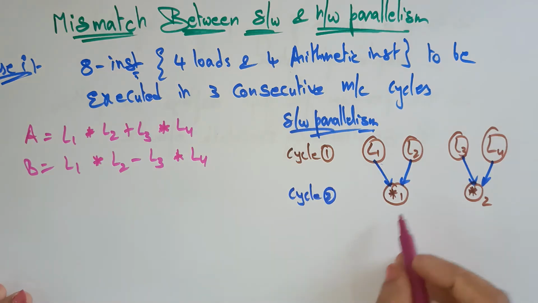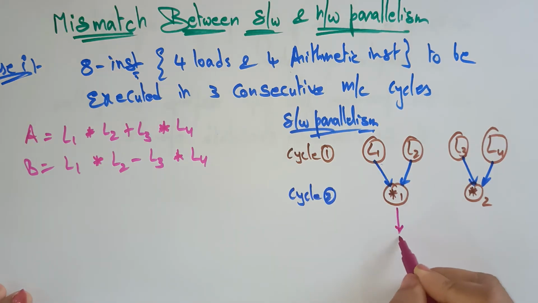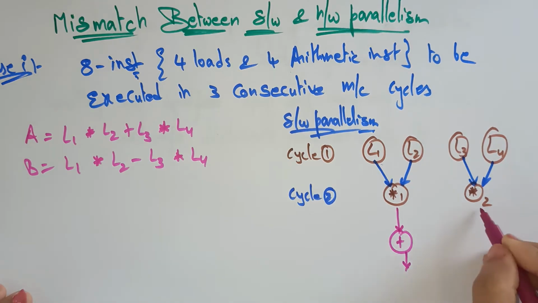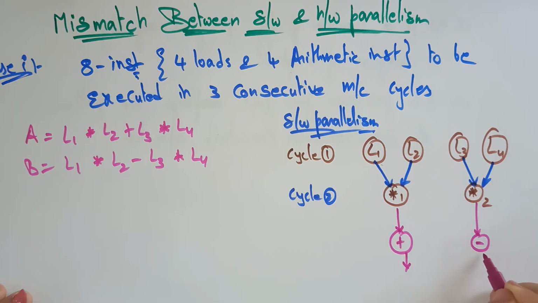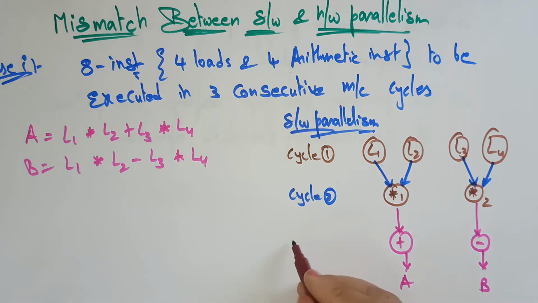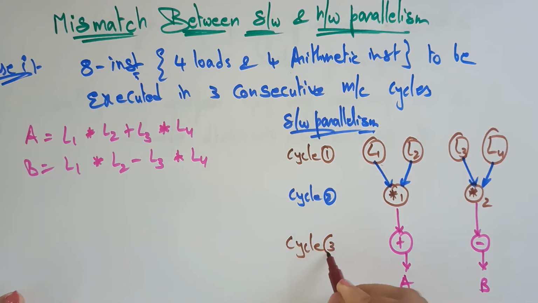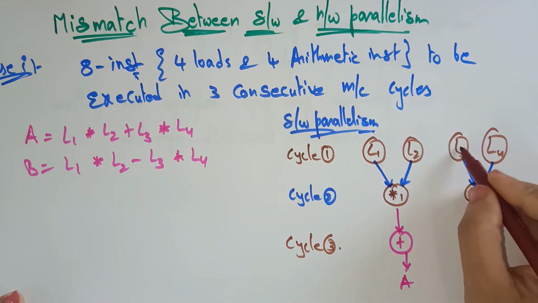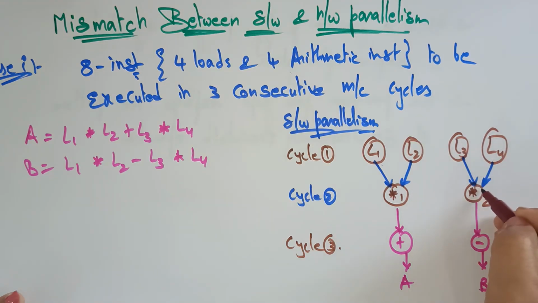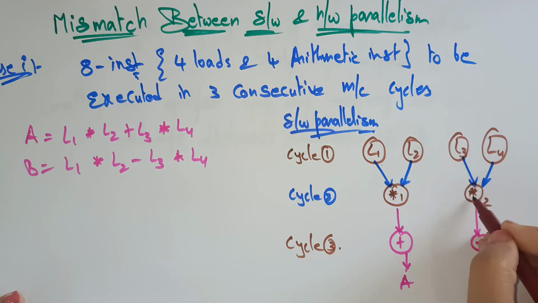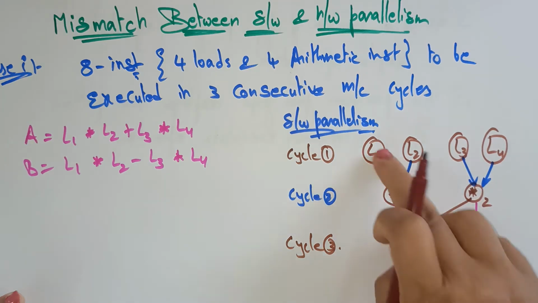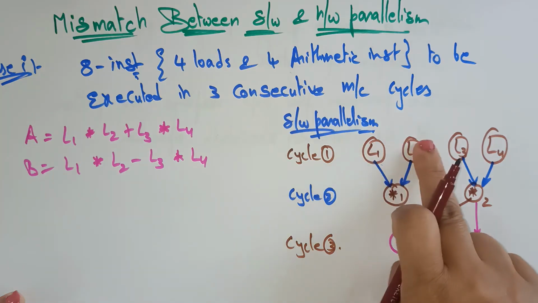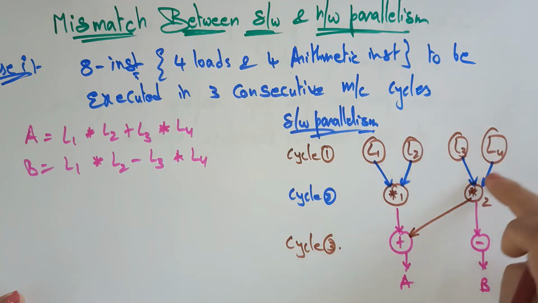In the next cycle, it performs addition and subtraction, A and B. This is cycle 3. The first equation is A equals L1 into L2 plus L3 into L4.